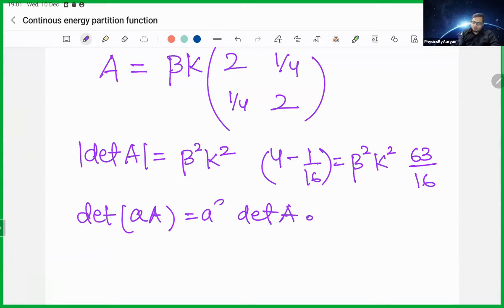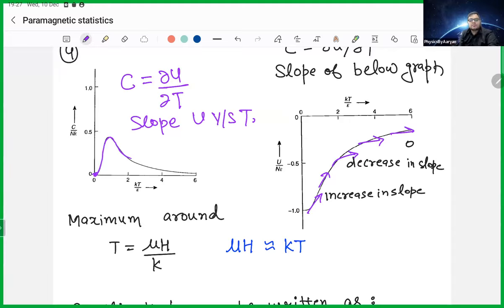Then the slope is increasing, and then the slope starts to decrease. Hence, the specific heat was initially increasing and then it starts to decrease. Clear? From this graph, is this clear? Yes?